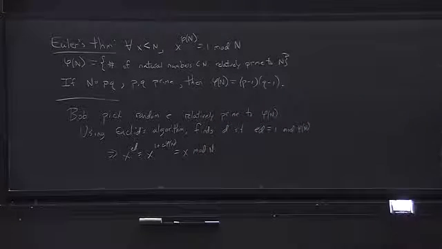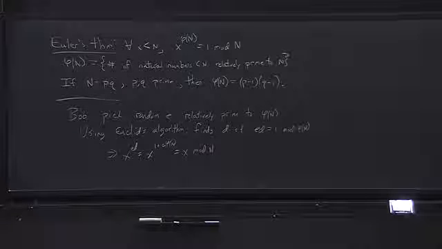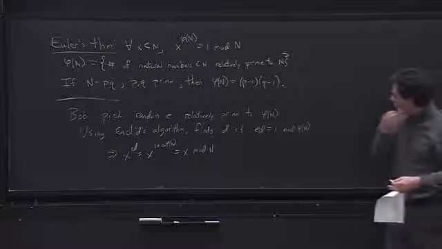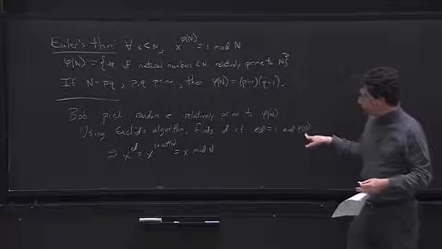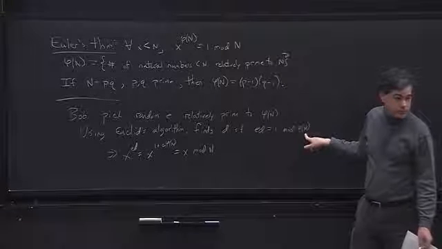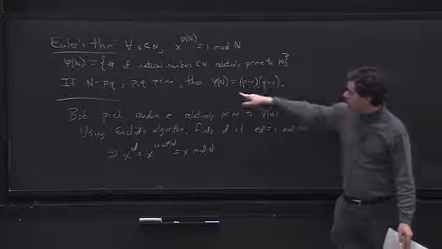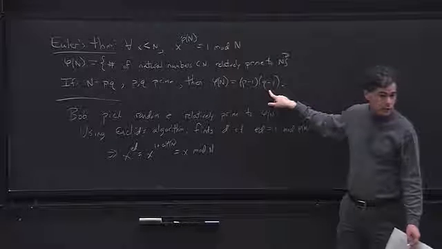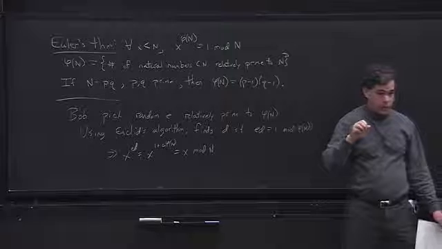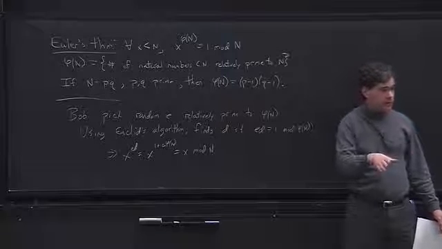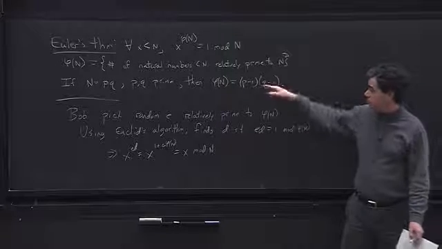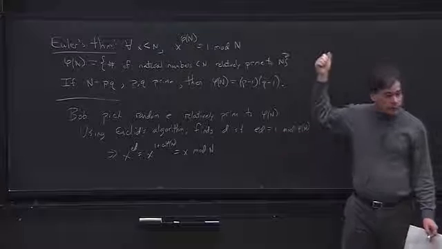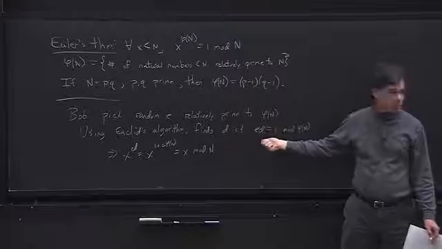But the point is that to do this, you need to know what phi of n is. And to know what phi of n is, you should know what the prime factorization of n is. So that's why if Eve can factor n, she can run this whole process herself. And based on the public key, she can figure out the private key d.